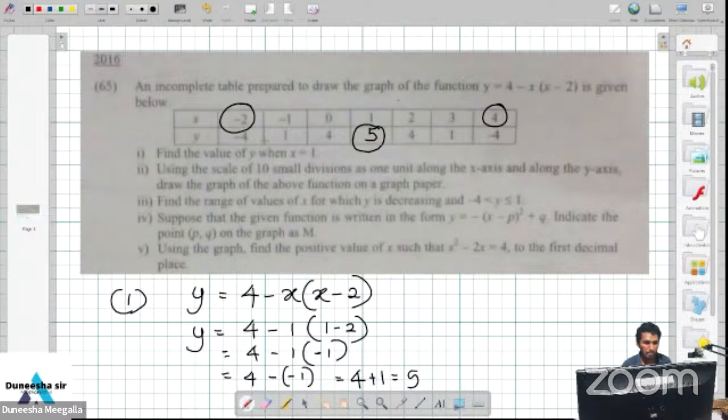Now I am going to draw, with 10 small divisions as 1 unit. Okay.